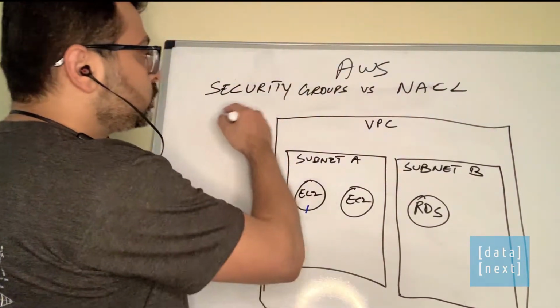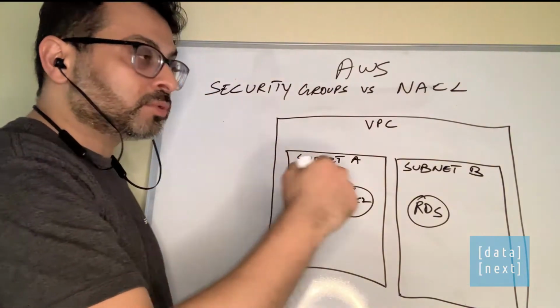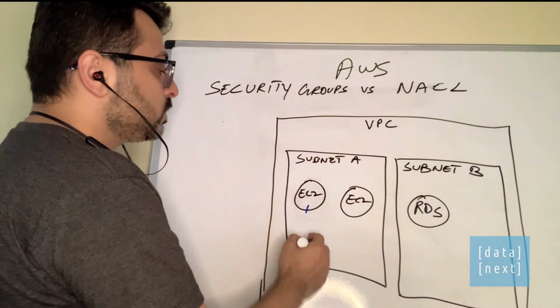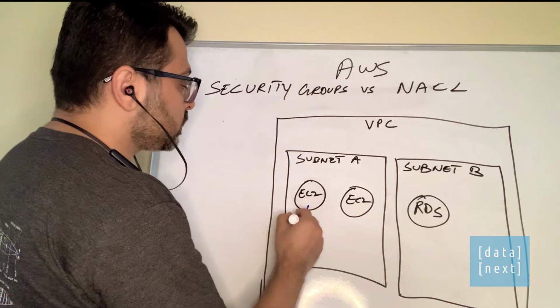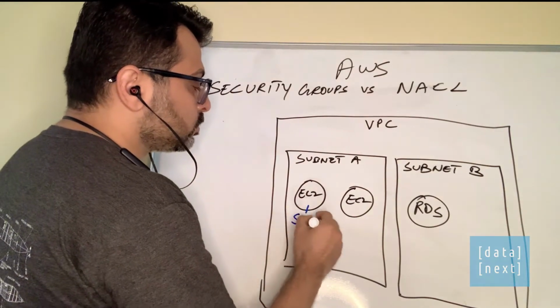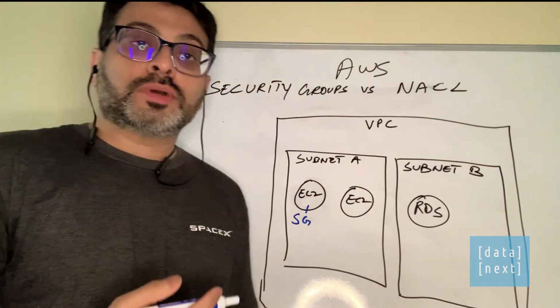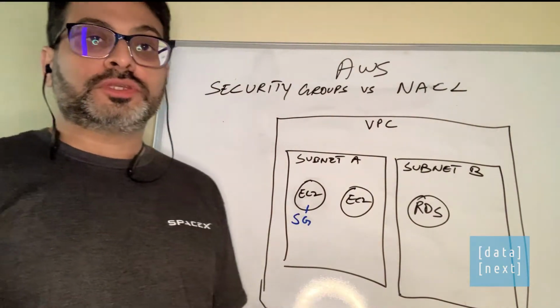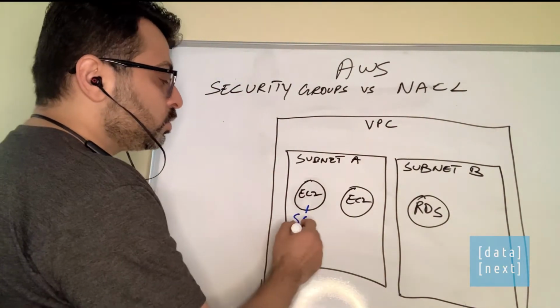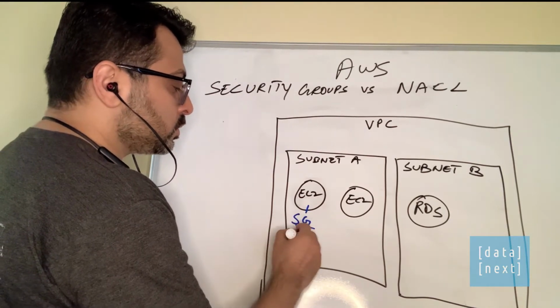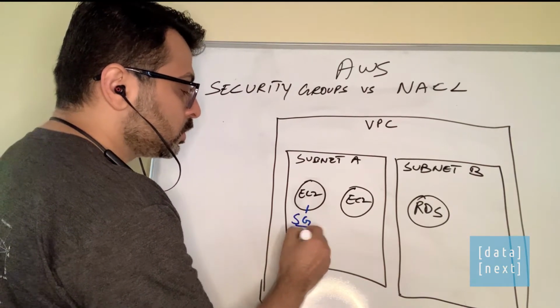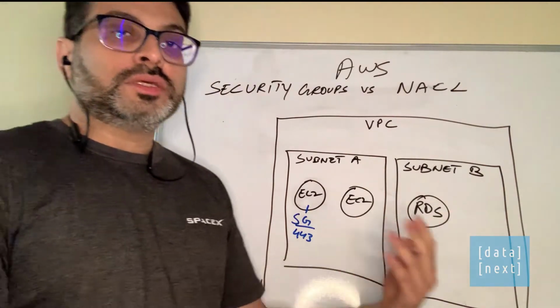So basically when you launch your EC2s or RDS, you tell AWS what type of security groups are attached to it. For example, if this EC2 instance needs to access certain ports, for example HTTP, HTTPS, you will open that port in the security group, like port 443 or something. Same thing for RDS.